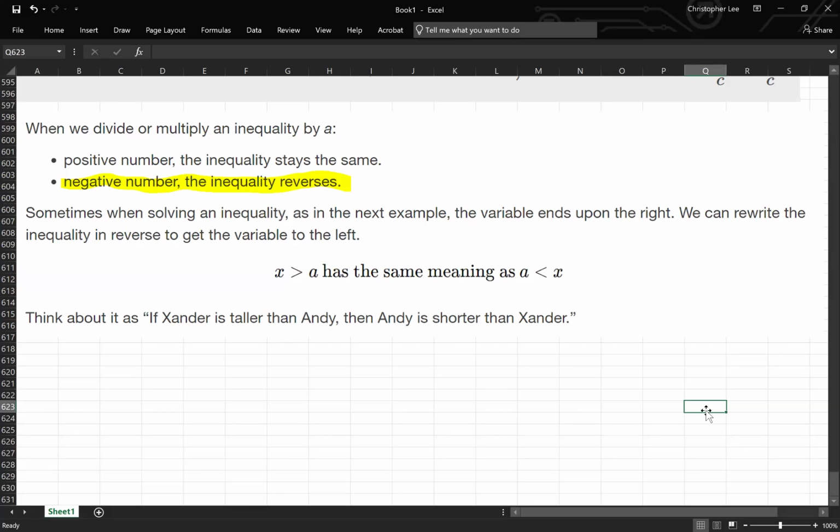So if I have X is greater than A, A being some number, it has the same meaning as A is less than X. So if you ever end up with A is less than X, you can always rewrite it in reverse, X greater than A, to make more sense. Think about it as if Xander is taller than Andy, then Andy is shorter than Xander. There we go.